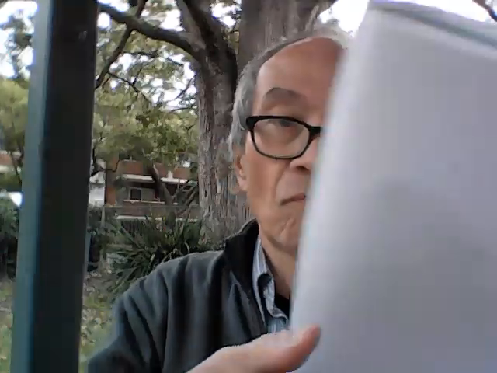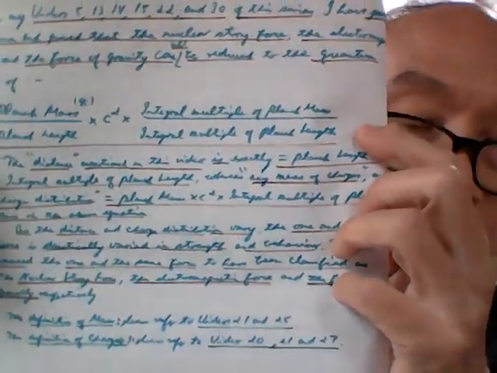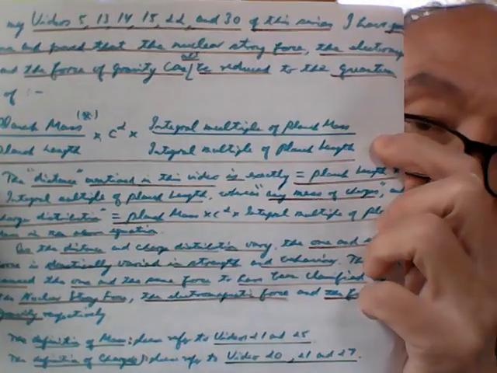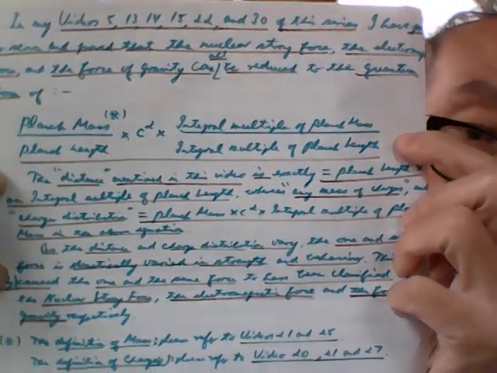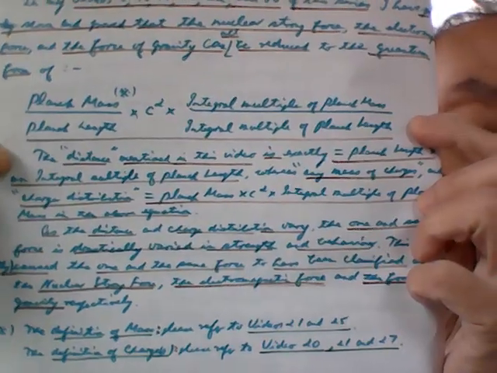That also means 1, 2, 3, 4, 5, 6, 7 to infinity. This is the form. The strong force, the electromagnetic force, and gravity can all be reduced to the same form. I have done this proof in video 5, video 13, 14, 15, 22, and 30.